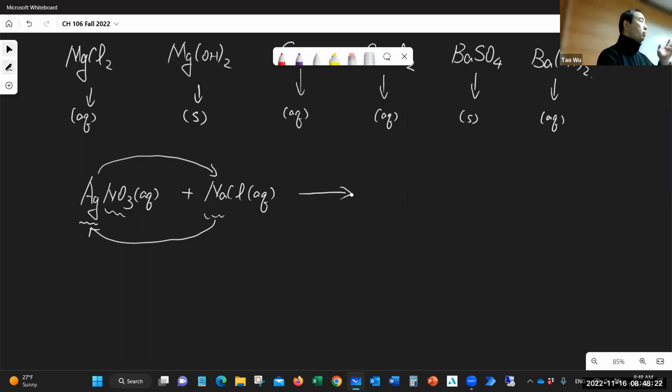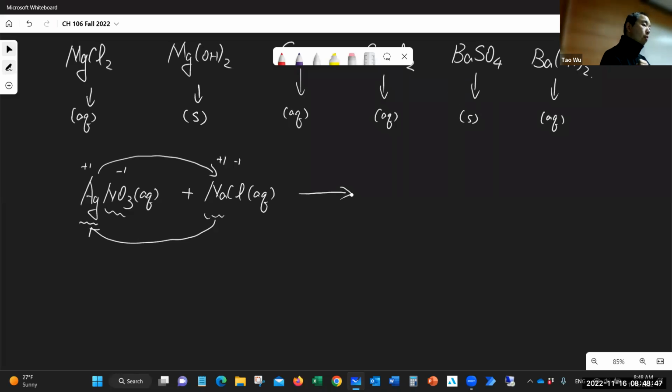Well, you need to know that silver has one positive charge. You can find it in the common ion sheet. Nitrate has a -1 charge. Sodium is in group 1A, so it has a +1 charge. Chloride is -1.